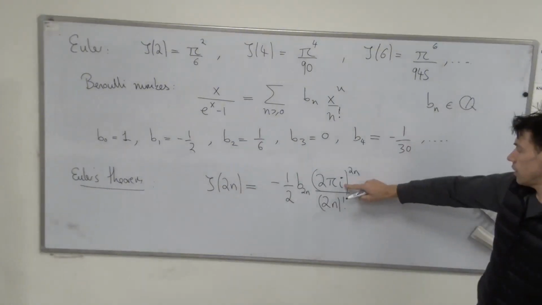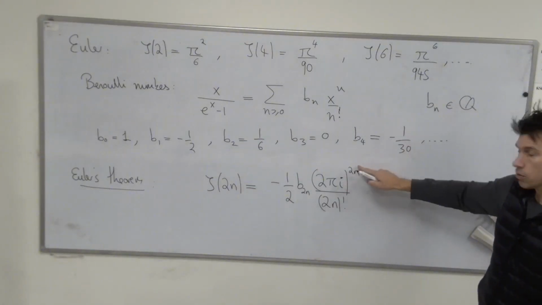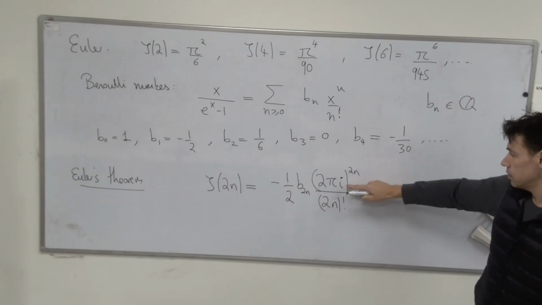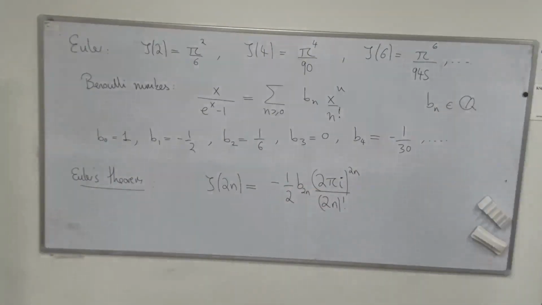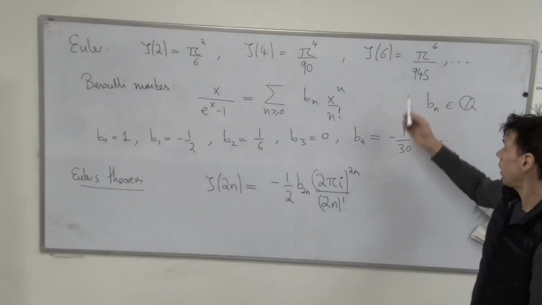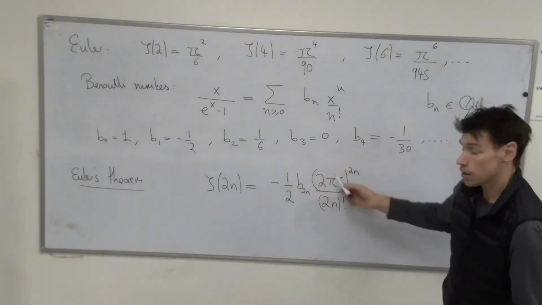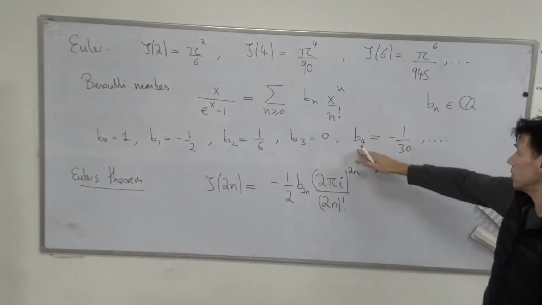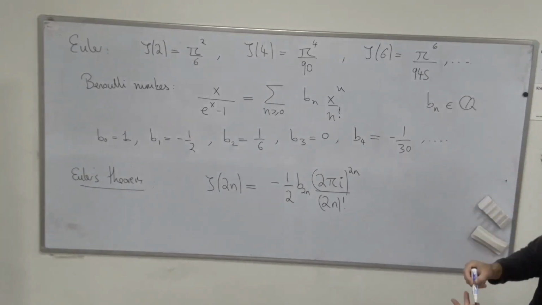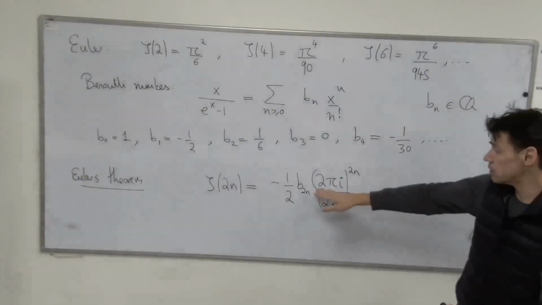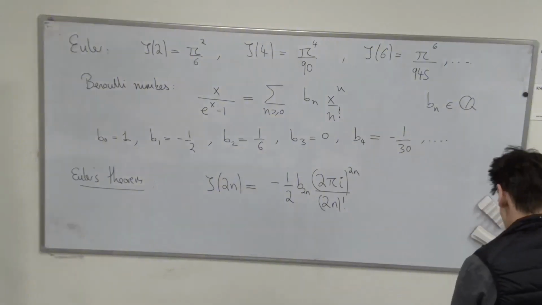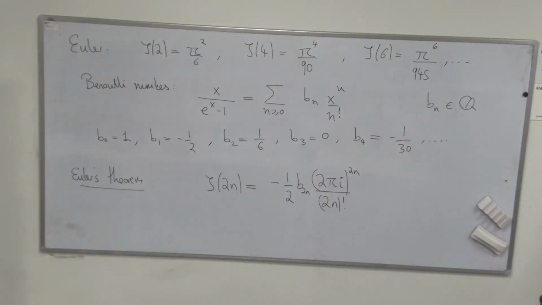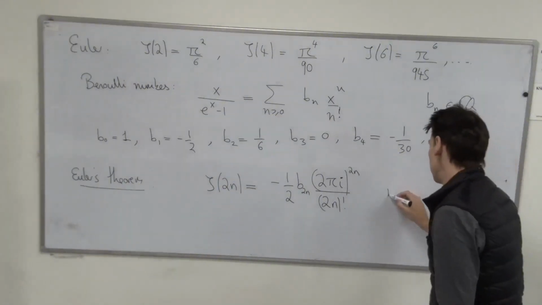The square root of minus 1 here doesn't really play a role because it's always to an even power, so it just gives a negative sign, which cancels here. And so what we get is always a power of pi times some rational number, and this rational number is given explicitly. There are good reasons why I write it like this. This is for n bigger than or equal to 1.